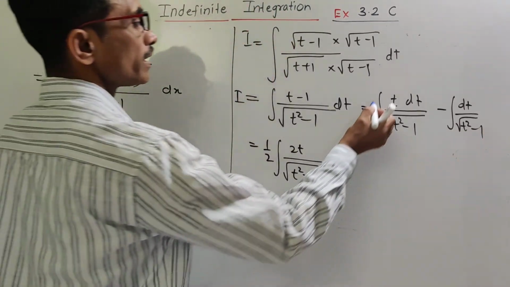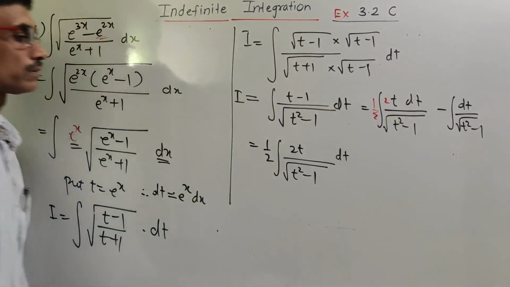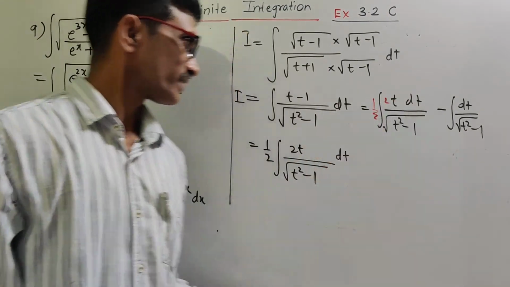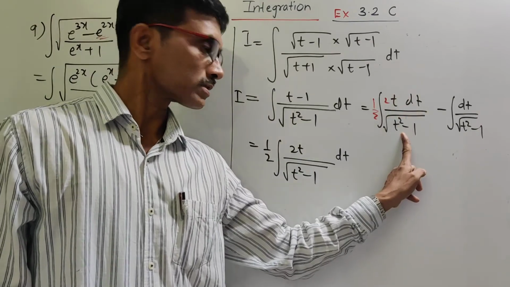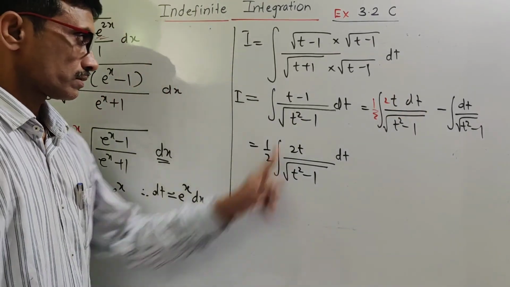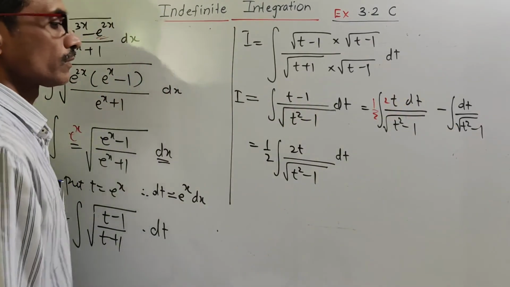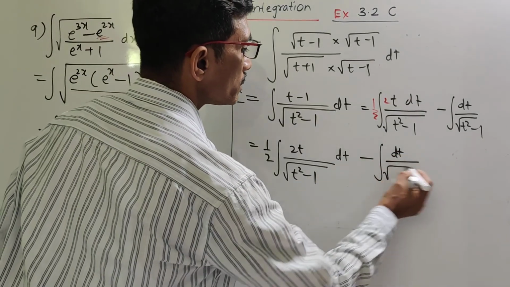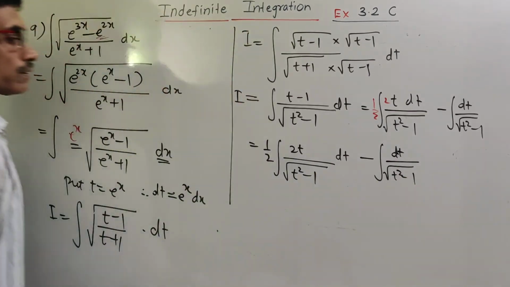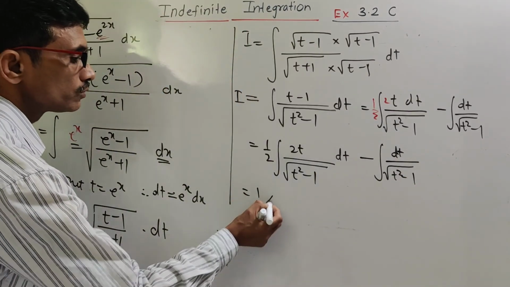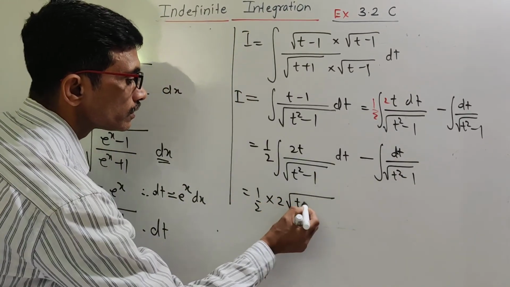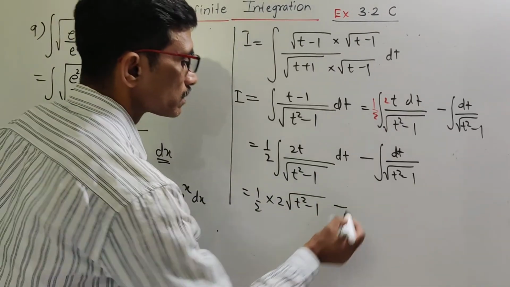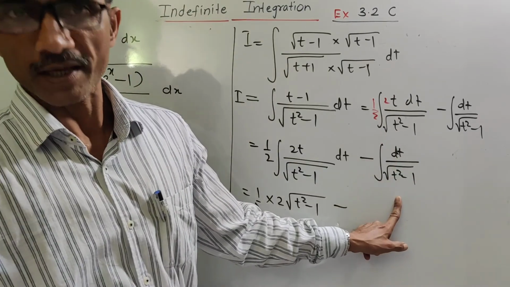So we multiply and divide by 2, because the derivative of t square minus 1 is 2t. So it is of the form f dash of x upon root f x, which gives 1 by 2, 2 root of t square minus 1, minus integral dx upon root of x square minus a square.